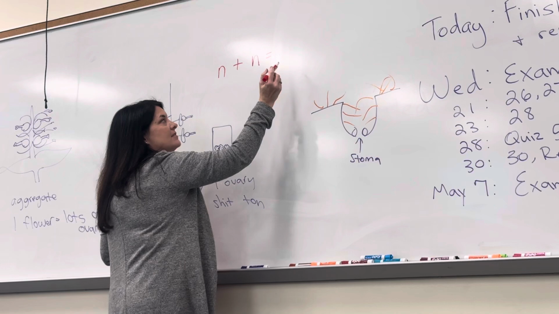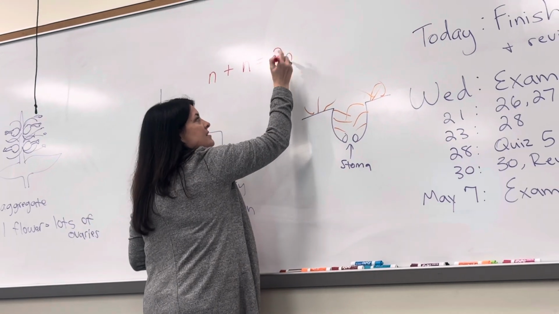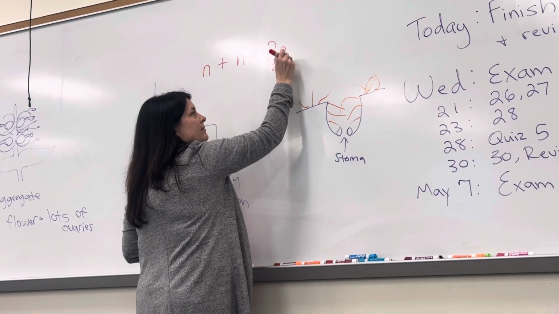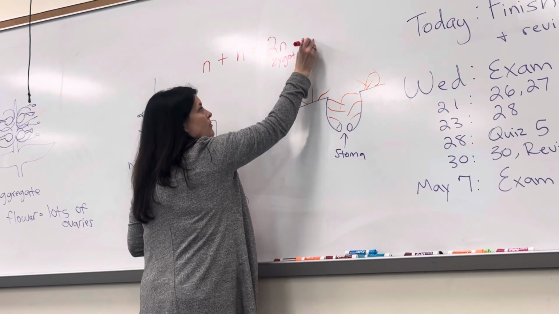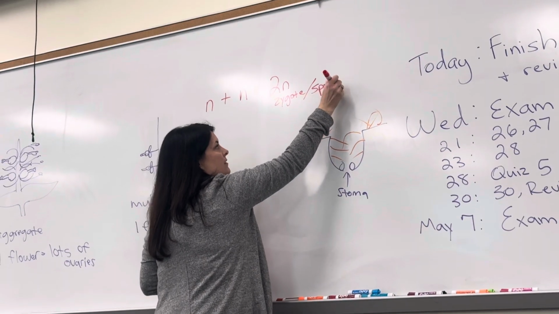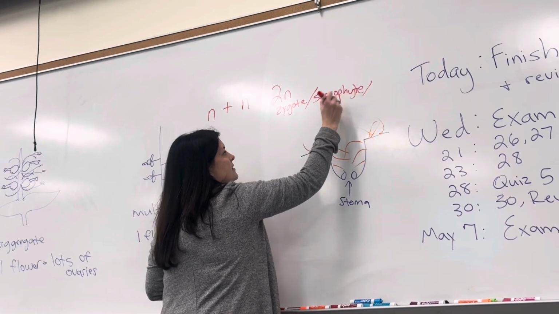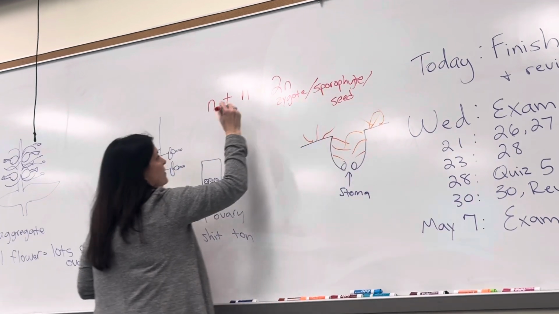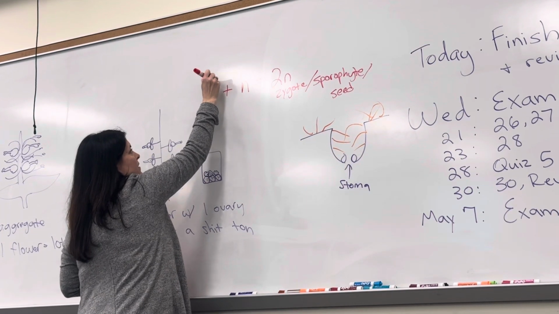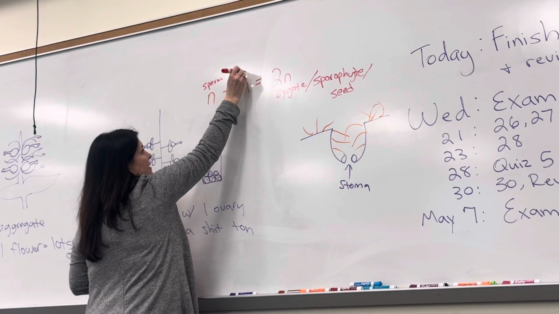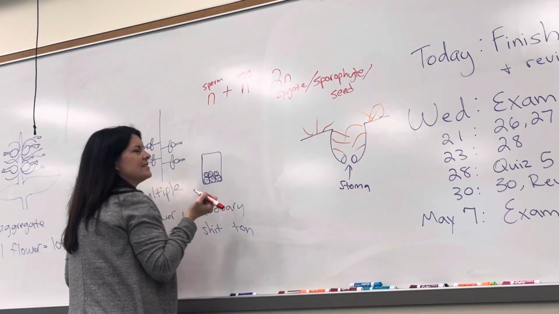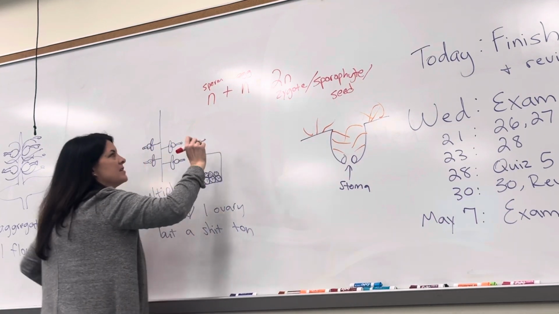What did you create? 2N, which is diploid. Yep. So you have a diploid zygote, baby sporophyte, seed, whatever you want to call it. So that would have been sperm and an egg.